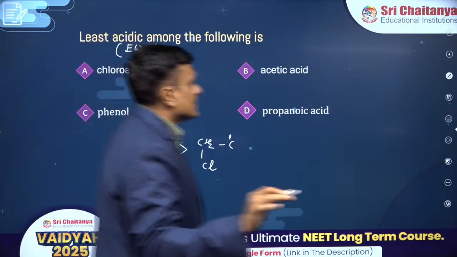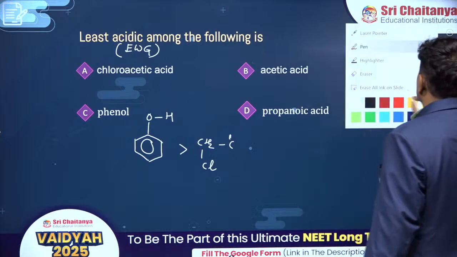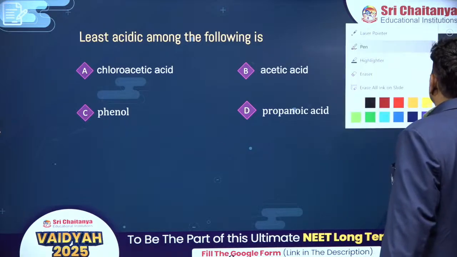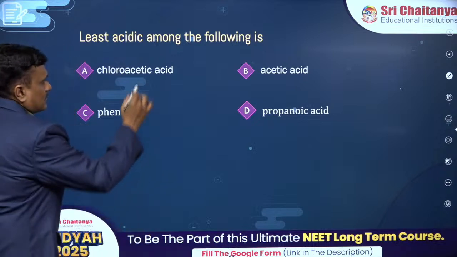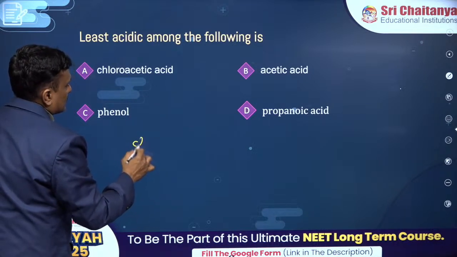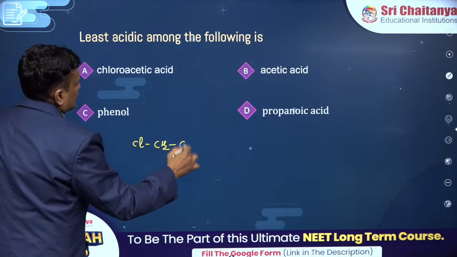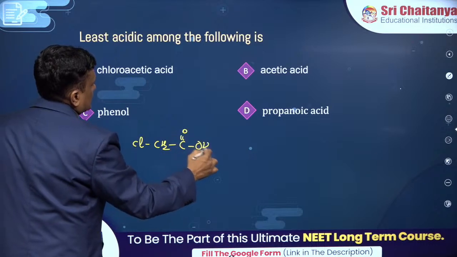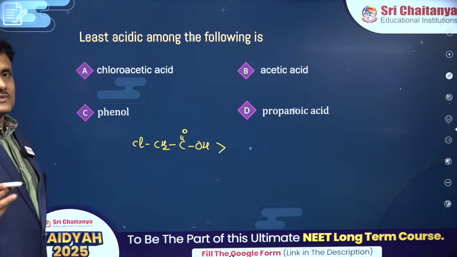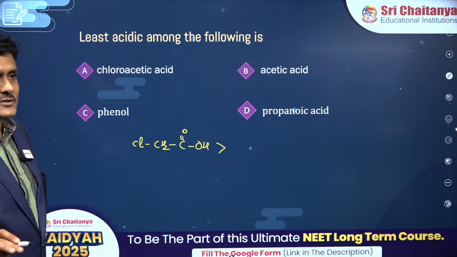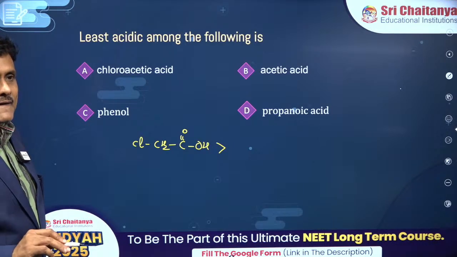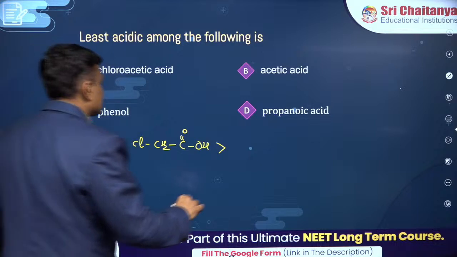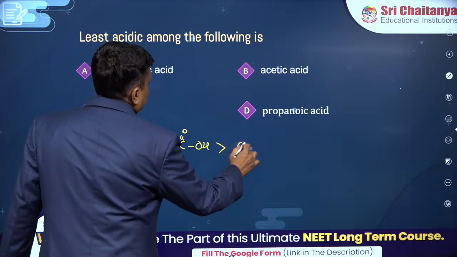I am sorry about this. Acetic acid, no. Carboxylic acid, okay, not alcohol. Carboxylic acids are more acidic. Chloroacetic acid, CH2Cl, COOH. Phenol comes later only. Yes, thank you. Less acidic, yes, correct. So chloro, then you have acetic acid.